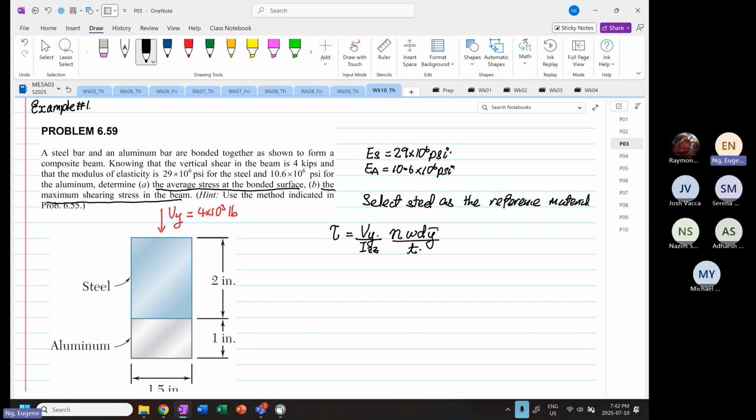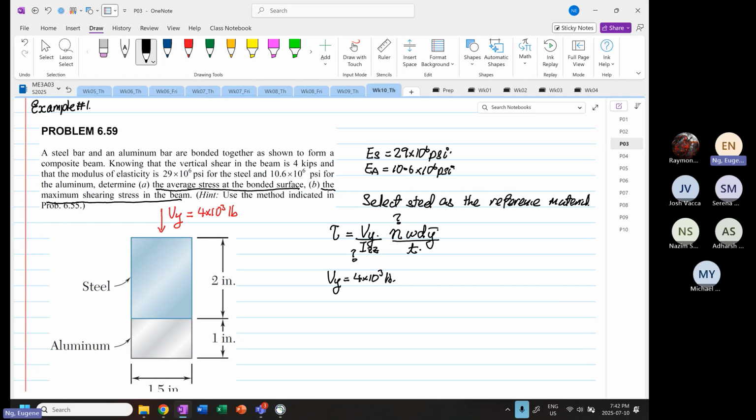We know that Vy is equal to 4 times 10 to the power 3 pounds. We have not a clue what is our Izz.